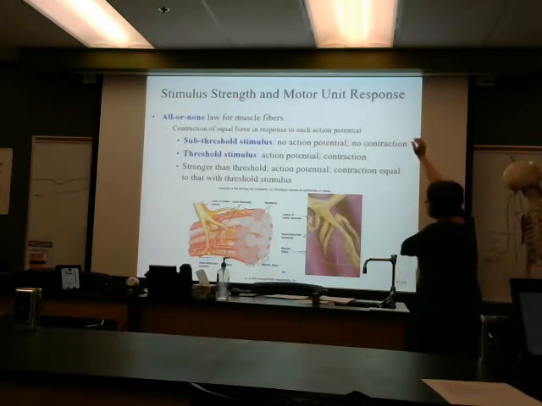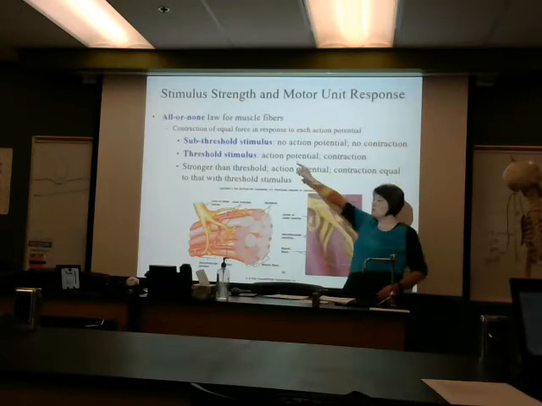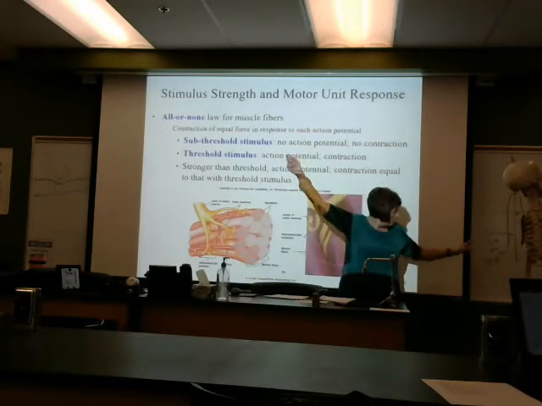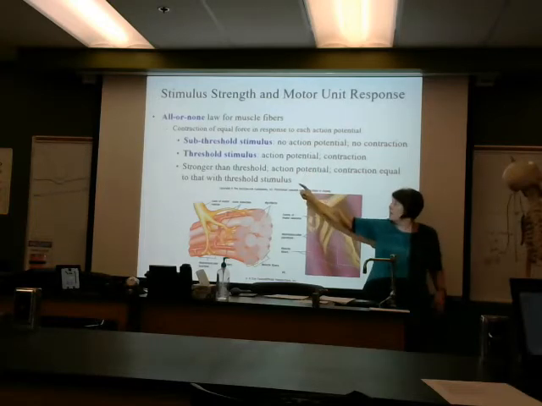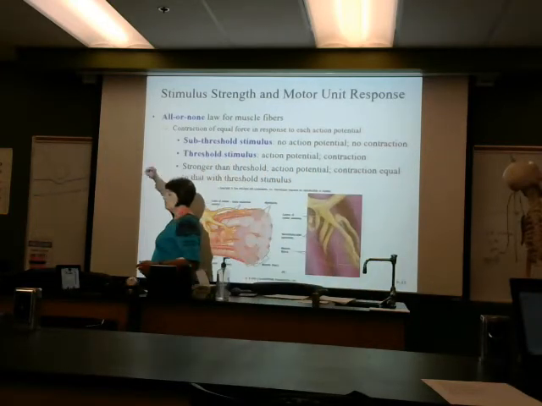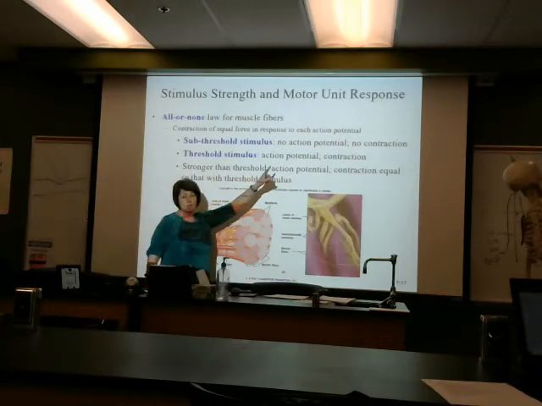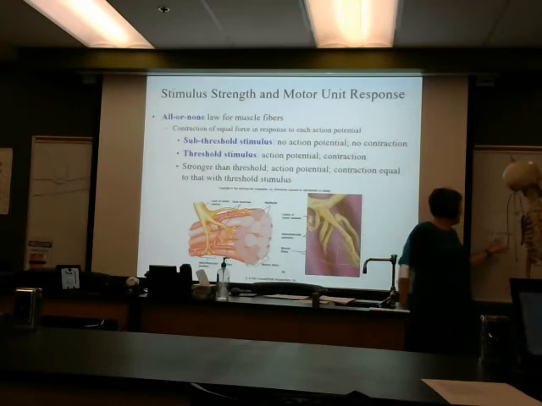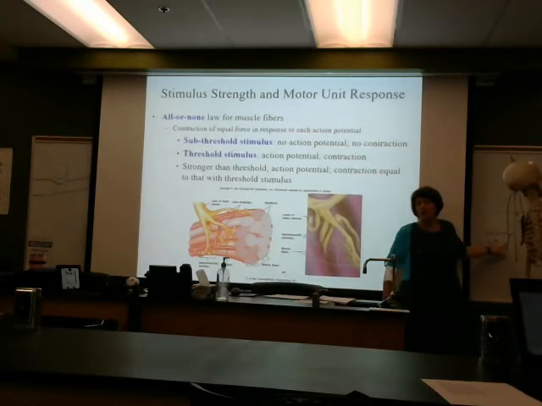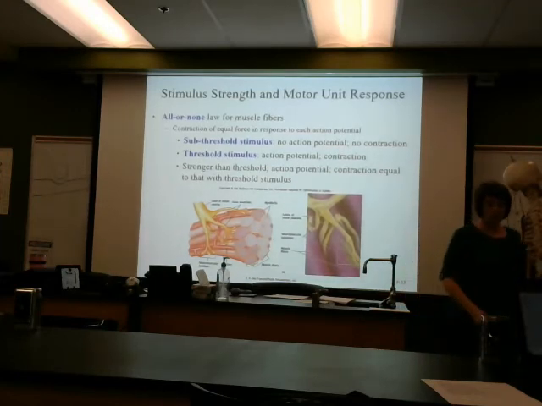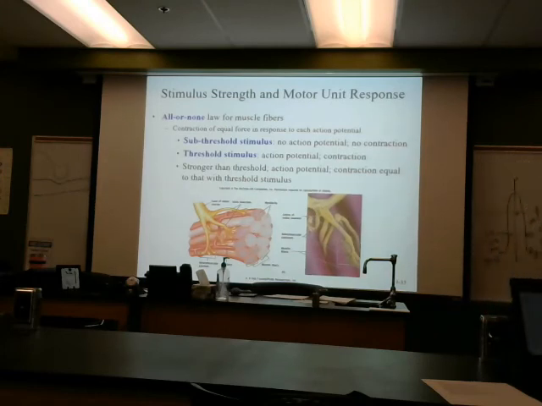So, once we reach our threshold, this portion right here, we have what's called the all or none principle. Meaning, if the impulse is strong enough and it makes all of those fibers reach threshold, that muscle is going to contract, and you cannot stop it.